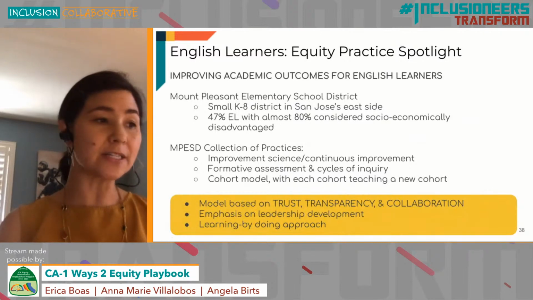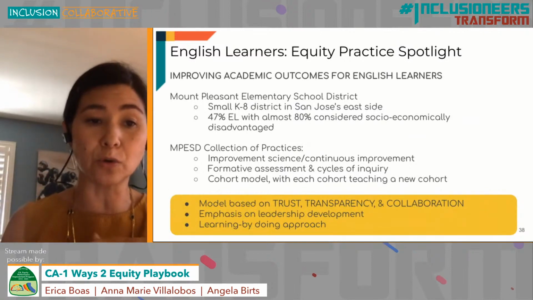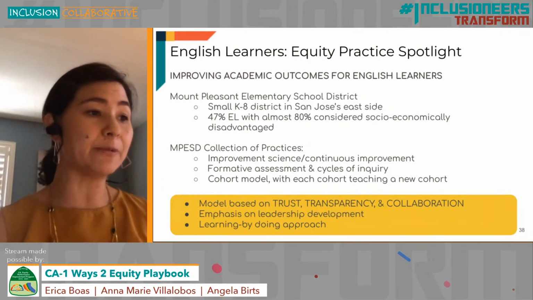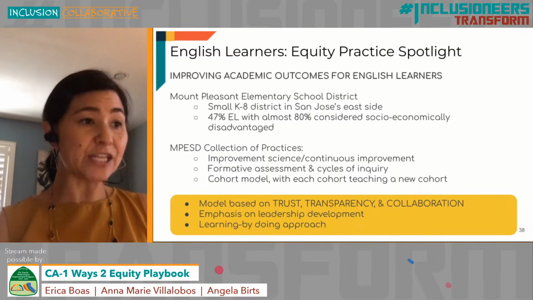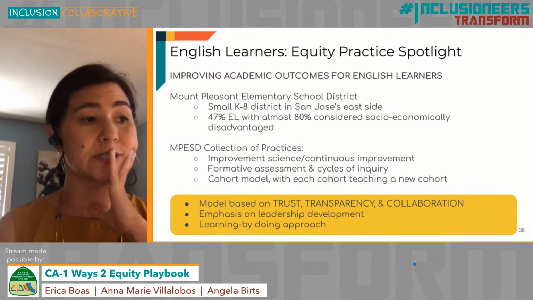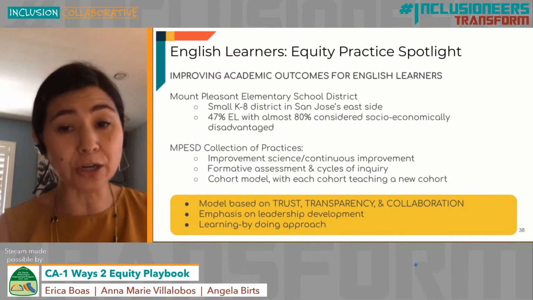One of these districts is the Mount Pleasant Elementary School District. So these are stories that are told toward the end of the playbook. And what they were able to do were engage in a focused practice of formative assessment for improving pedagogy for English learners that was carried out through a cohort model of shared teacher leadership.